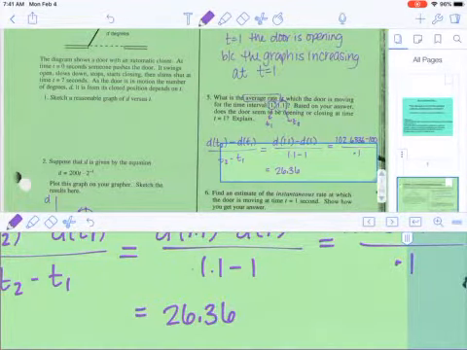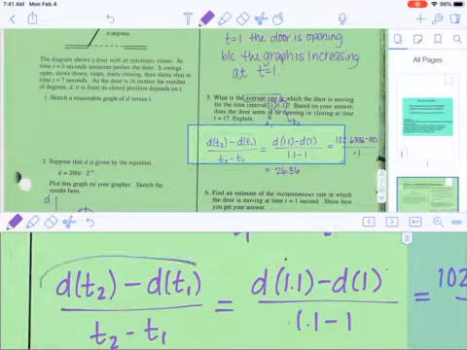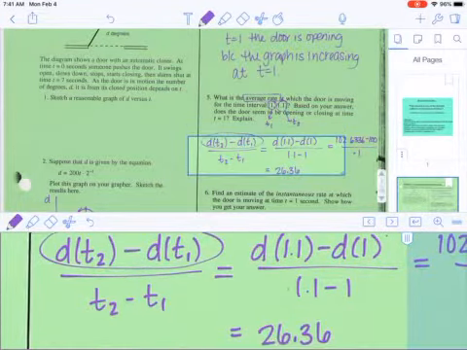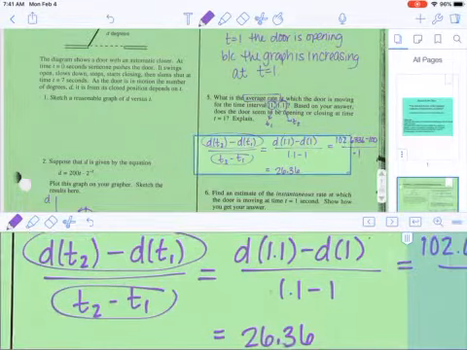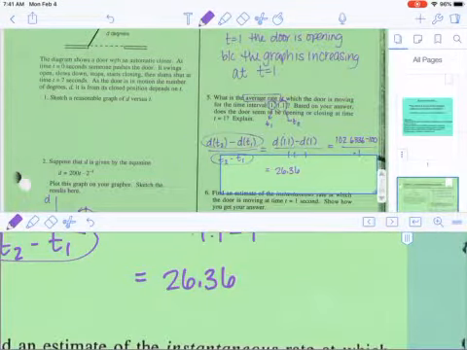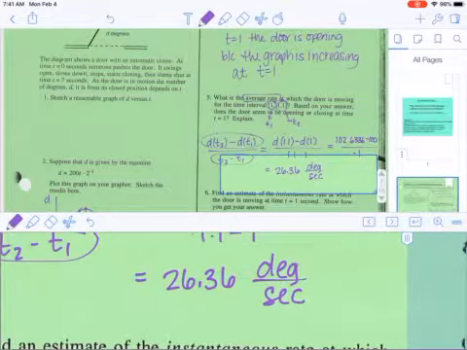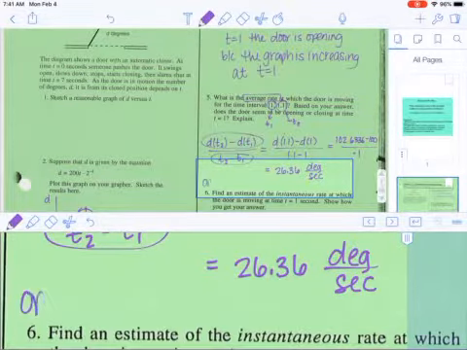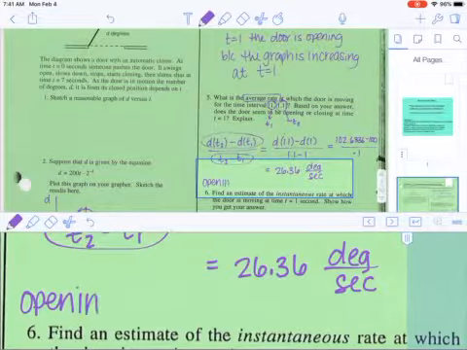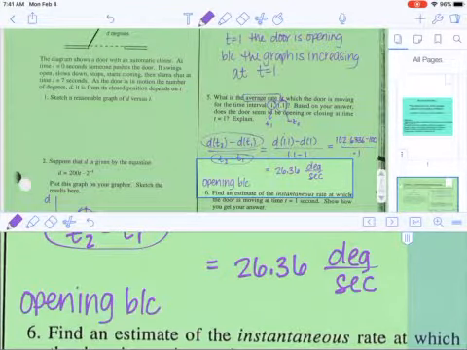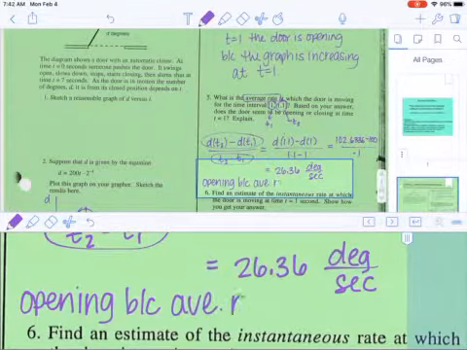If I think about the labels, right, this is the change in the degrees over the change in time, and so the label here would be degrees per second. And since this is a positive number, right, we know that it is gaining degrees per second, therefore the door must be opening. Okay, because the average rate is positive.